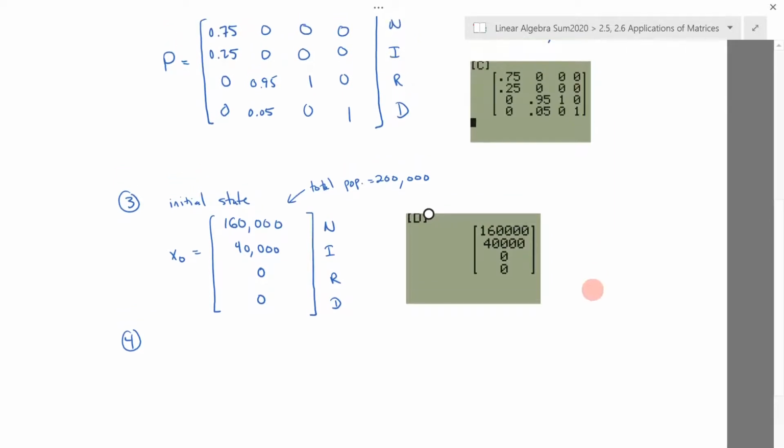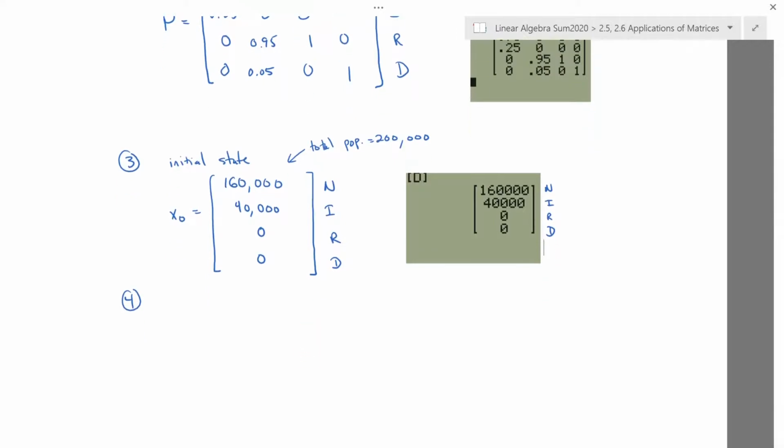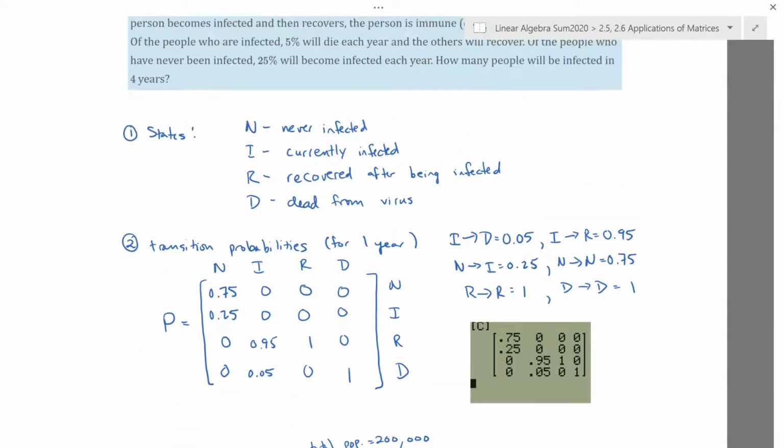So again, this is the never infected, this is the infected, this is recovered, and this is the dead. Okay, so now we want to calculate the result after 4 years.